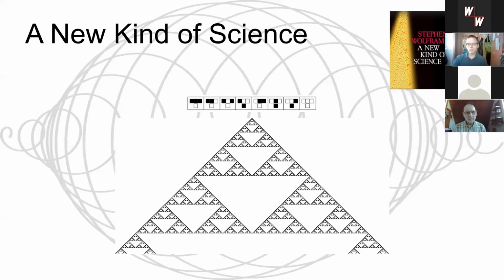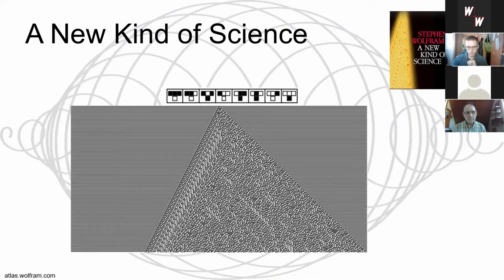So, for example, when you apply these rules shown above, then the pattern that you get out in the end looks like this. So you have a lot of just horizontal black and white stripes. And then in the middle, you have again a sort of triangle that has on the left some regular pattern, but when you look to the right, the pattern appears to become very complex. So it still looks somewhat regular, but there are some quite surprising parts in it.